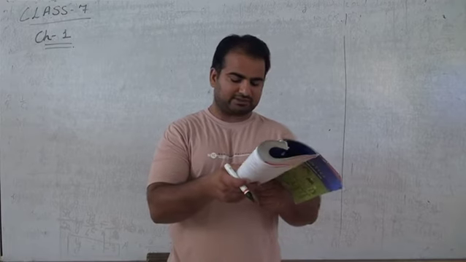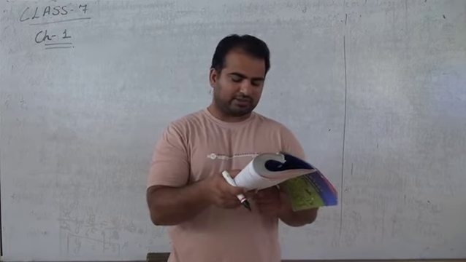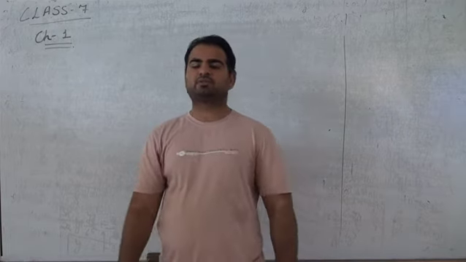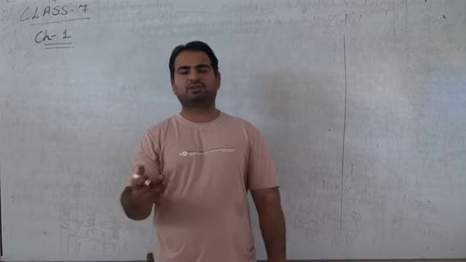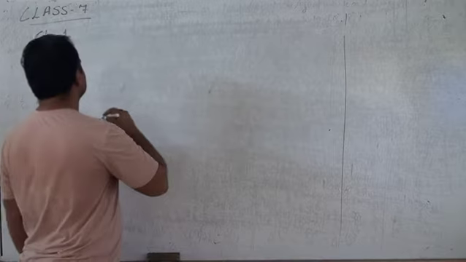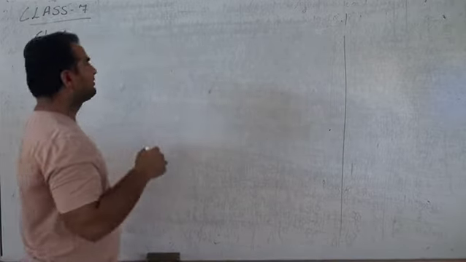If the descent starts from 10 meters above the ground level, how long will it take to reach minus 350 meters? First of all, we have to find the total distance it travels. So we have to find the difference of 10 and minus 350.